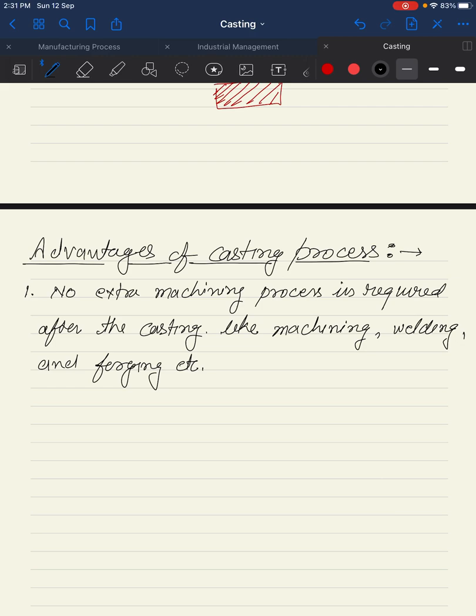It will be in the final stage; you will get a finished product.